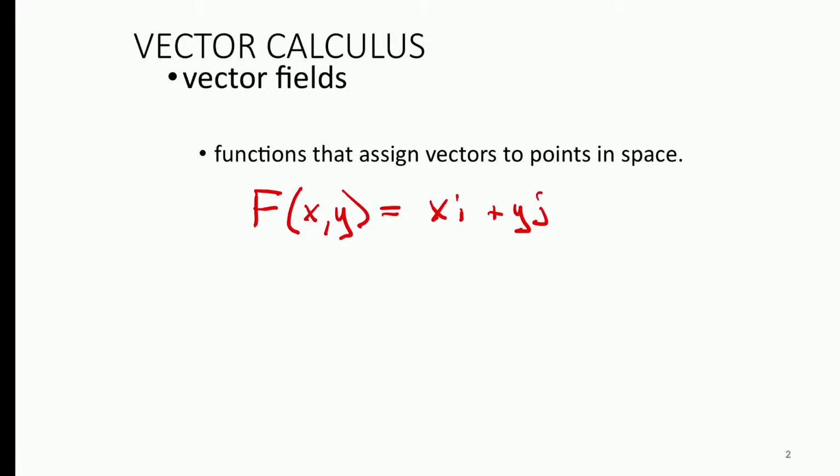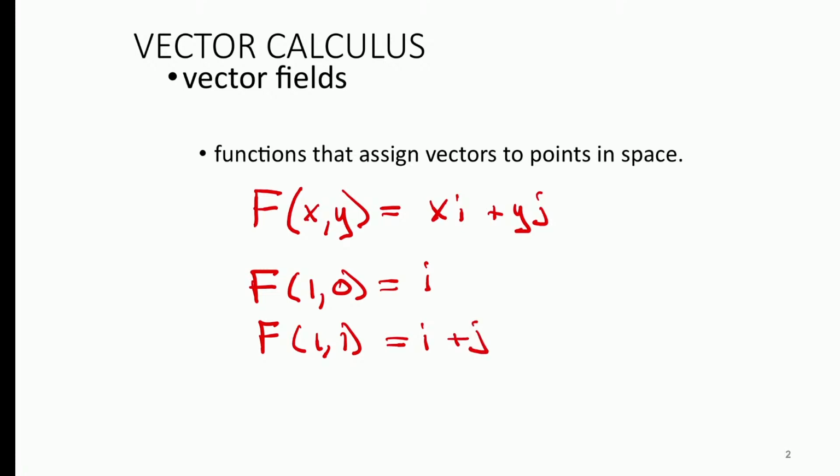Notice that I've taken a point, x, y. So you could do this for the point 1, 0. The point 1, 0 would correspond with this i. The point 1, 1 would correspond with i plus j.